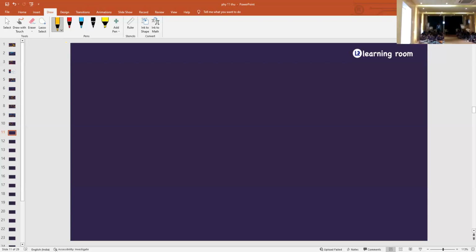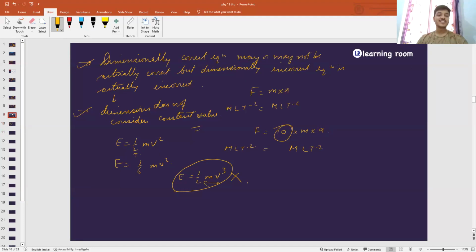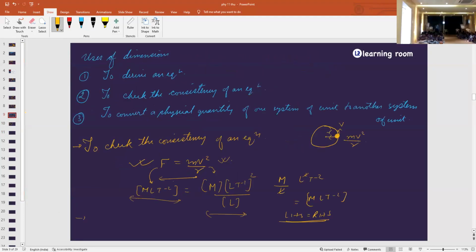Sir, we are searching, sir. Searching? What is there to search? Haven't you written the third point? To convert a physical quantity of one system of unit to another system of unit.